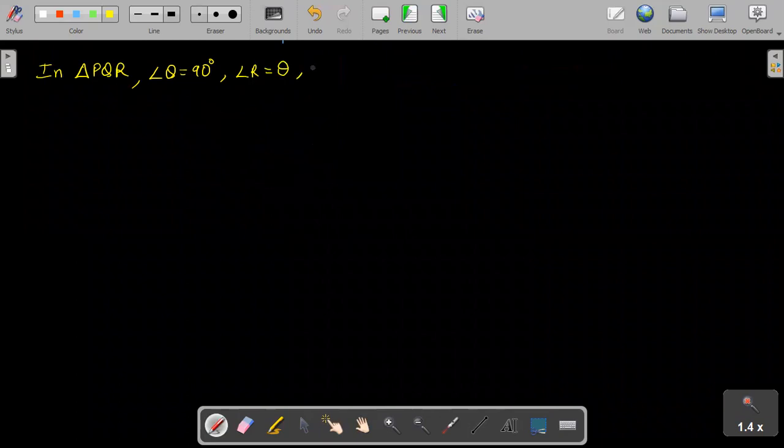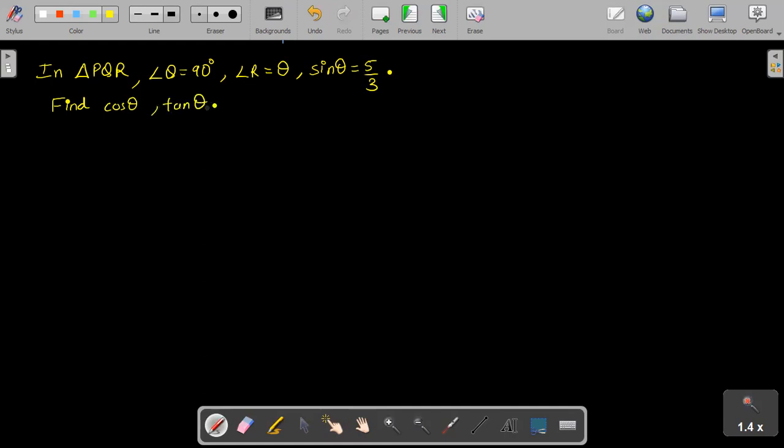These informations are given to you. And sine theta is 5 over 13. The question is: find cos theta and write the value for tan theta.